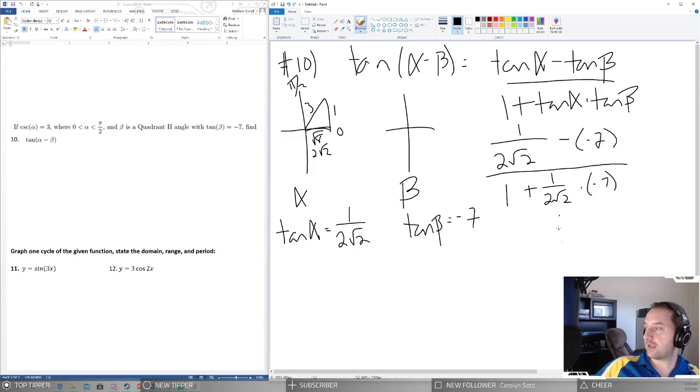Now from there, we just have to simplify it. You can enter that in your calculator, and you're going to get a decimal approximation. That is another thing we can do. The hint here would be finding the common denominator.